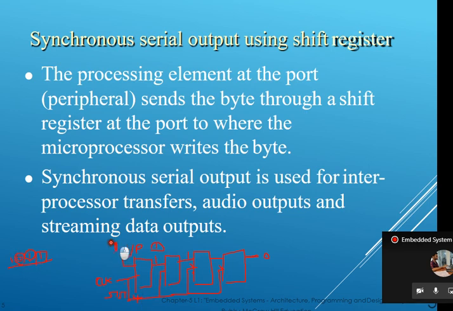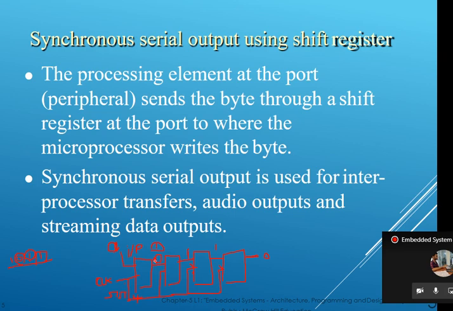So here it will give the 0, and at the fourth clock pulse this will move to here, and this one will move to here, and the 0 will move to here. Likewise, based upon the next clock pulse the output will keep on shifting. So this is how it is moving serially.